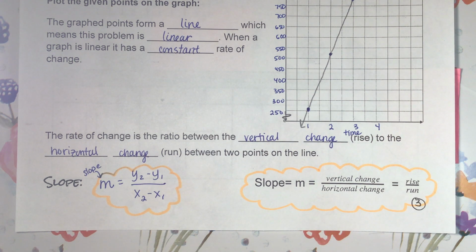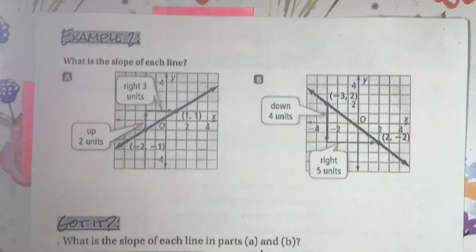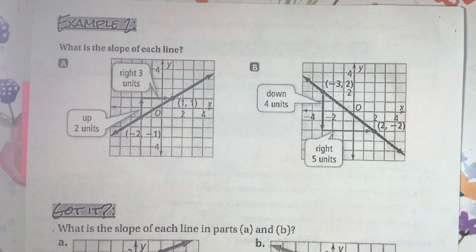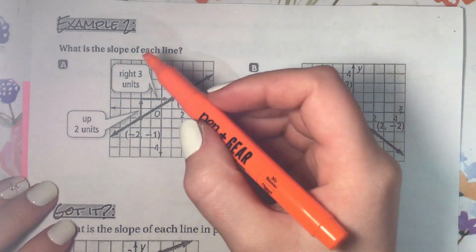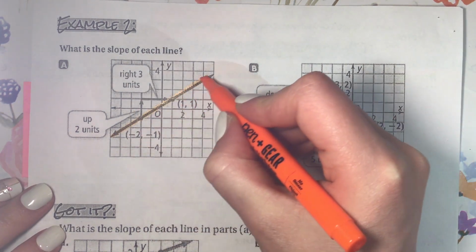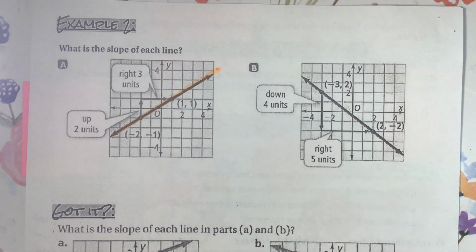I'm asking myself, how high up does it go, or how far down does it go, and then how far left and right? So when we're looking for the slope of something on a graph, let me highlight this a little better for you. That's the line we're looking at.